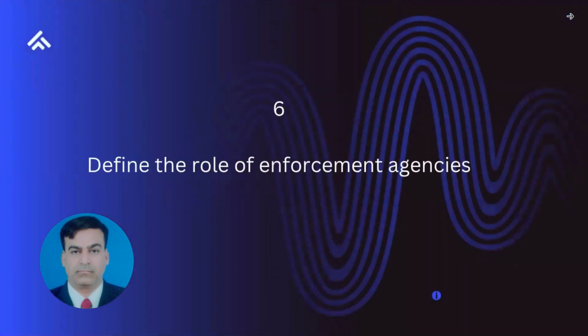Now, I will explain to you the enforcement agency's role in implementing health and safety laws. Enforcement agencies are responsible for enforcing health and safety laws in each country or region. They are effectively the health and safety police force and are tasked with ensuring that employers comply with the law.